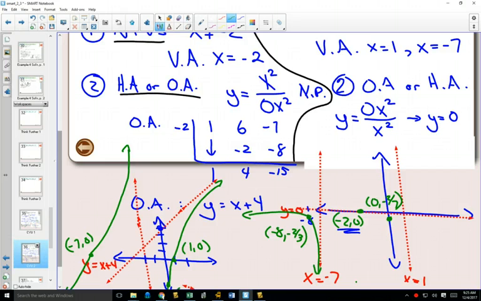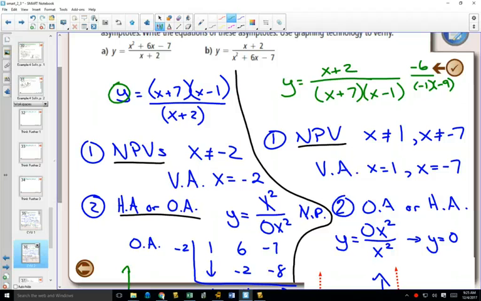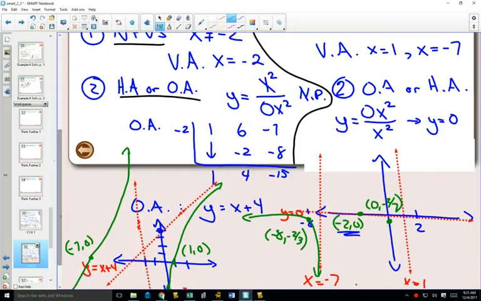If I chose something in this section over here, picking a value bigger than 1, like 2, and I plug 2 into my equation, I would get 4 on the top, 9 and 1 on the bottom, which would be 4/9. So I can estimate where that would be: (2, 4/9).